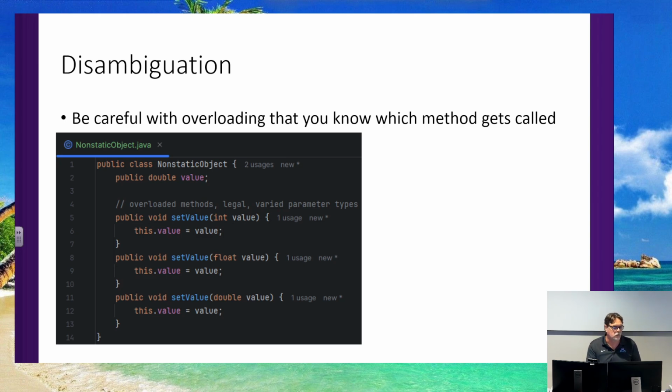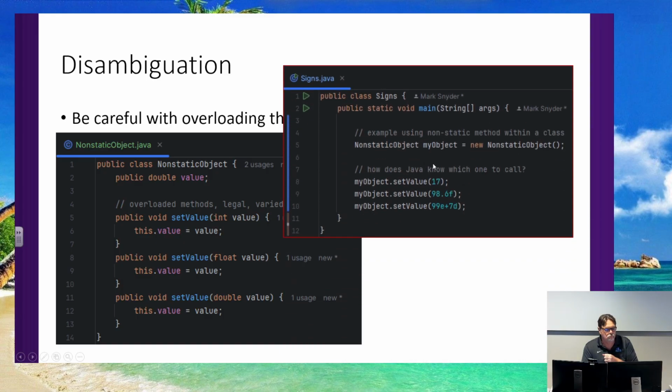You need to find out. So in this case, we've got three methods. One takes an int, one takes a float, one takes a double. But if you type 37.2 as your parameter, is it going to call the float or the double? The first one, 17, is an integer, so it knows which one it's going to call.